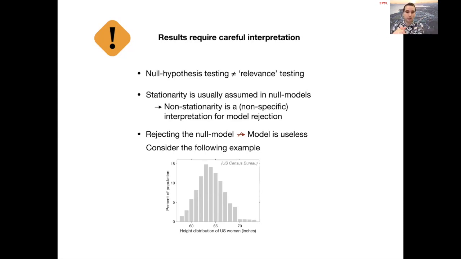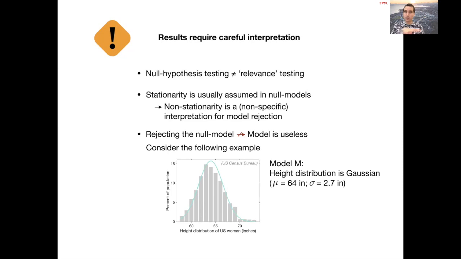The horizontal axis is the height and the vertical axis is the percentage of the population. Let's now test whether a Gaussian model is good to represent this distribution. So let's test whether the null model M is able to describe the distribution.